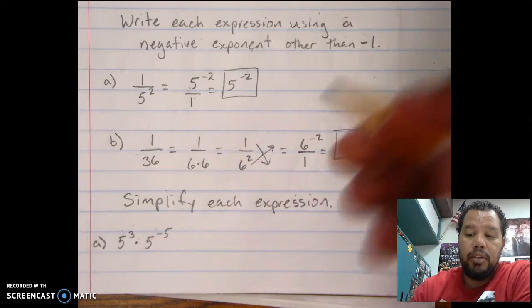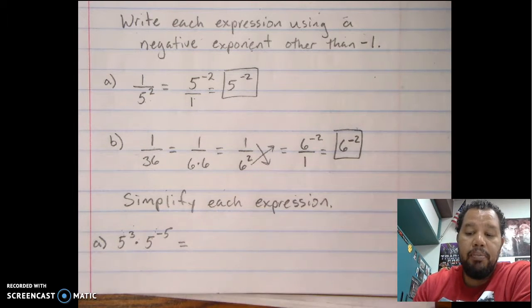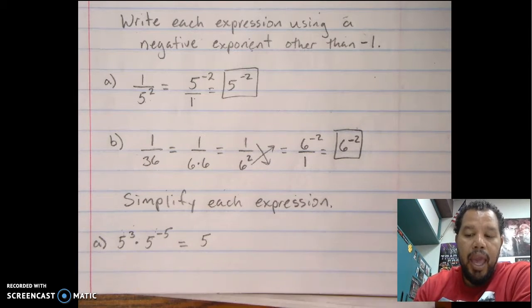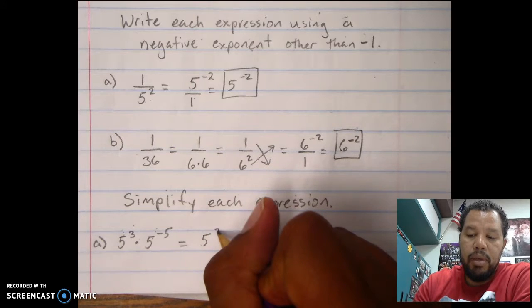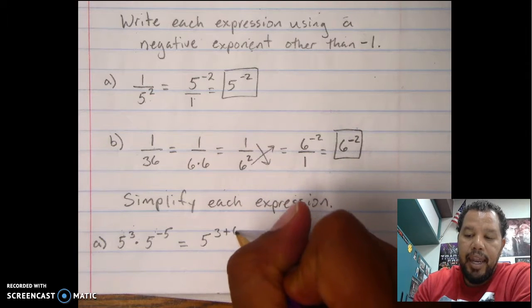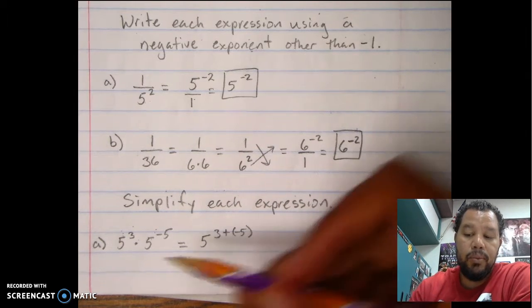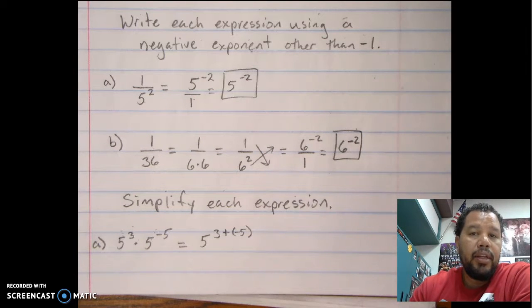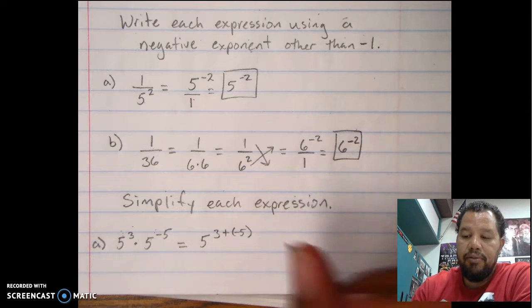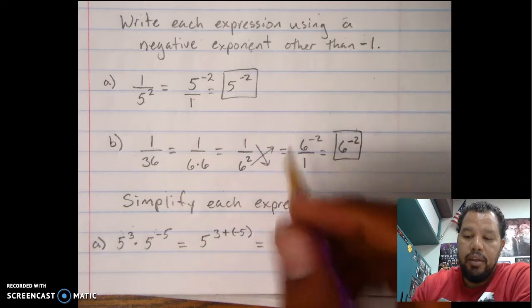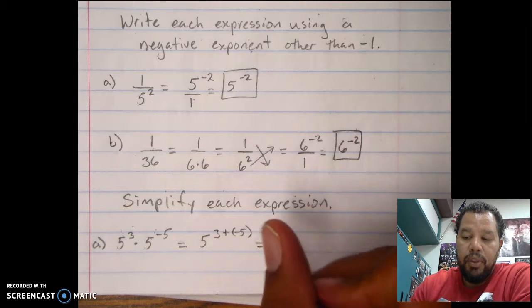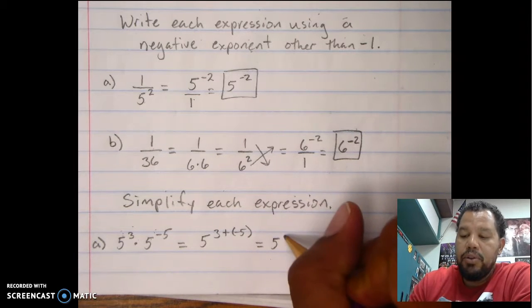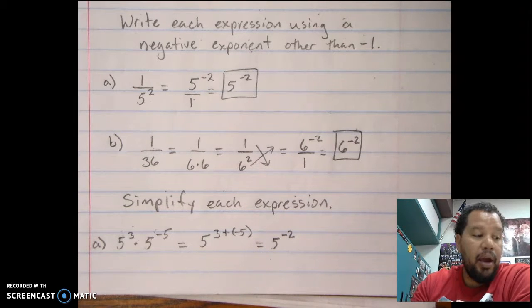What have we done in the past to simplify that? We keep the base and we add the two exponents. So that's 3 plus a negative 5, which is the same as subtracting. So we get 5 to the negative 2 power.